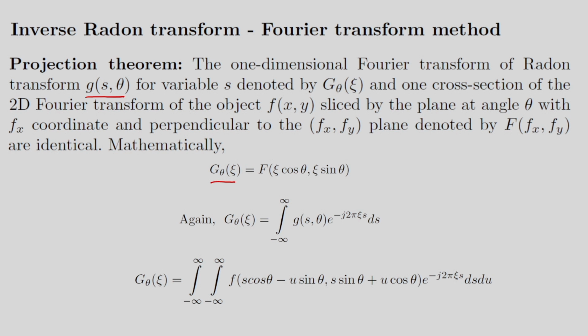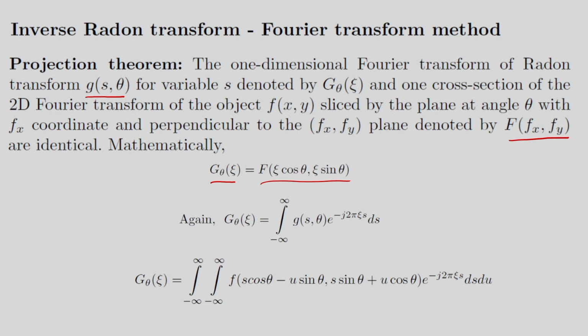So I can determine the 2D Fourier transform of the object f(x,y) sliced by the plane at an angle theta with the f_x coordinate, f_x being the frequency coordinate, and perpendicular to the plane f_x, f_y. So this will be identical. So I am considering one slice of the 2D Fourier transform of the object.